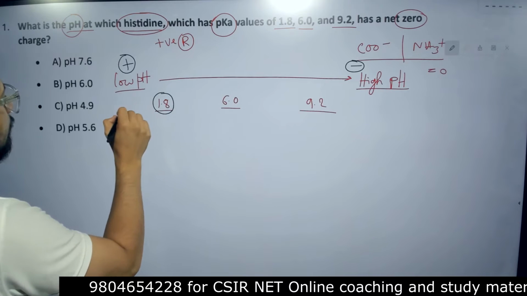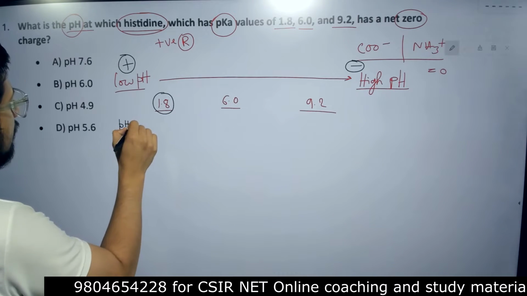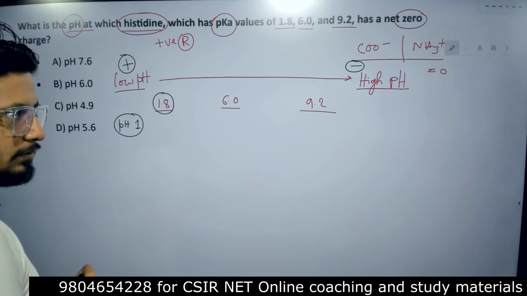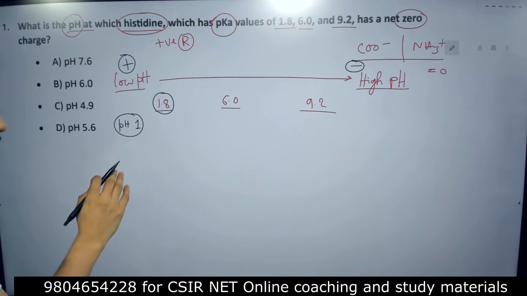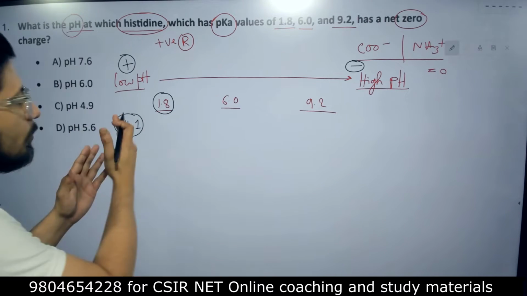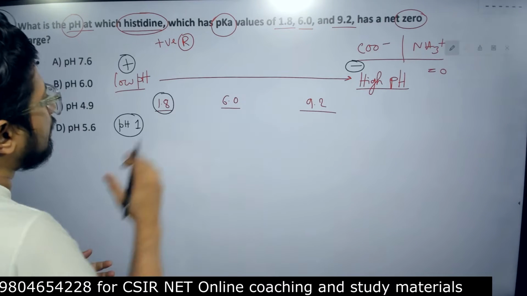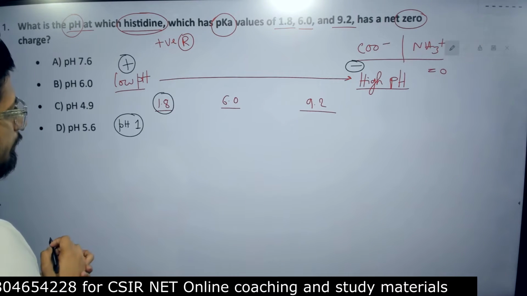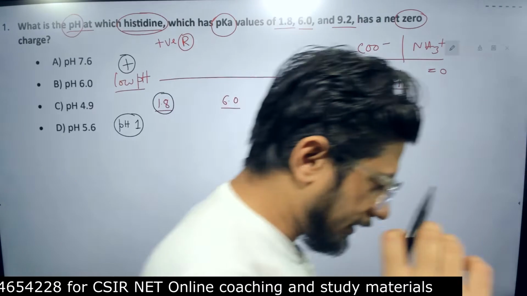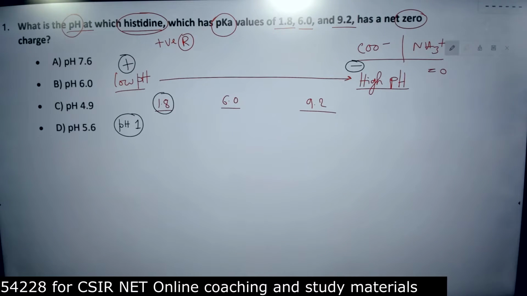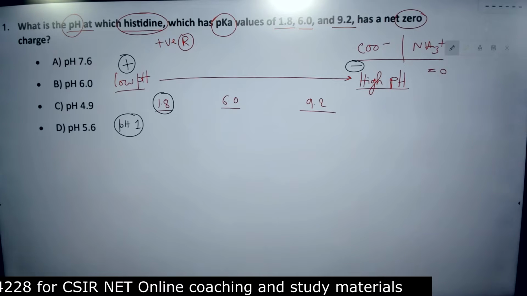Suppose at pH 1, what will happen? The lowest pH, all the pKs are more than pH 1. So at pH 1, all three groups.